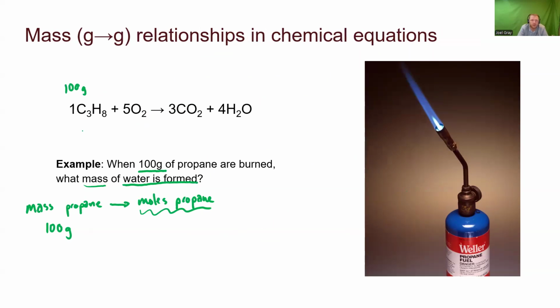If I have 1 mole of C3H8 and I don't care about the moles of O2 because it's in excess, would you agree with me that we could look at our moles of propane to our moles of CO2, and therefore we don't even have to worry about this 5? We could say this is a 1 to 3 relationship. Would you give me that? And do you follow that?